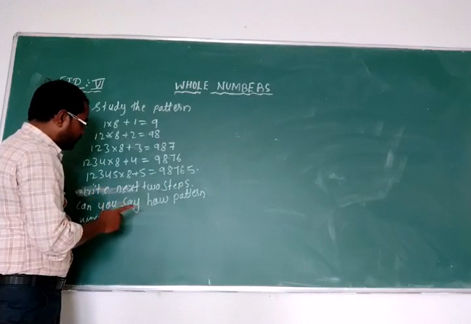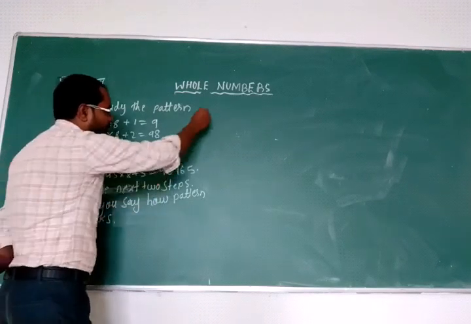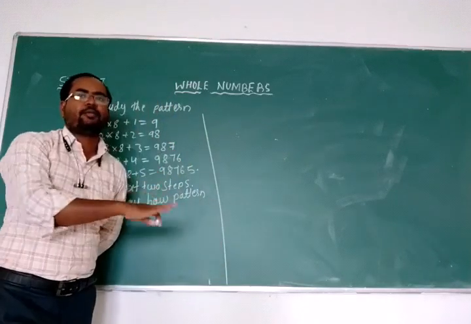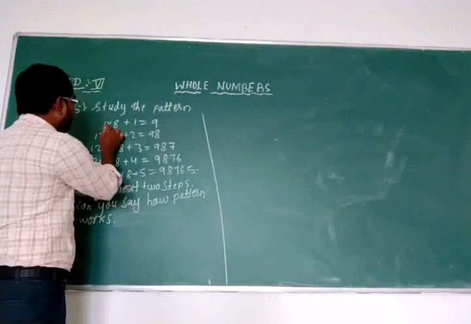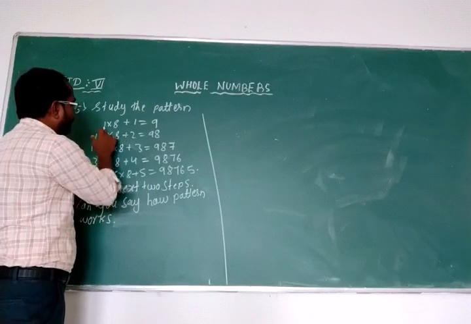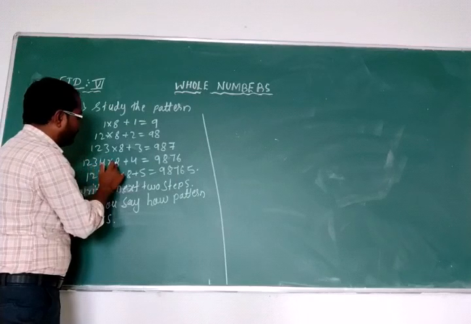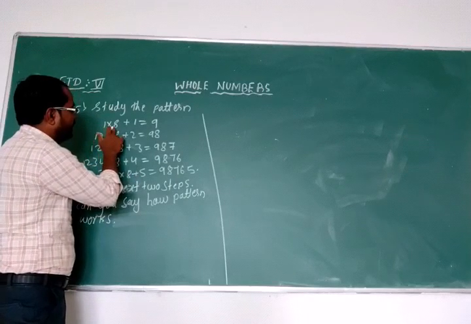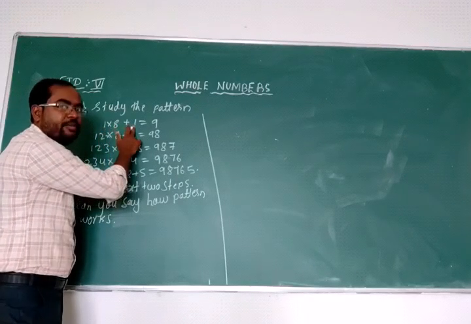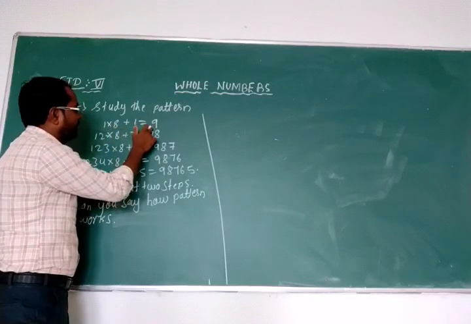Right? The next two steps, can you say how the pattern works? See here, very simple how the pattern works, we'll learn here. 1 into 8, 12 into 8, 123 into 8, 1234 into 8 plus 4. See here, 1 into 8, what they have multiplied, that same number they have added, so 1 into 8 plus 1 has become 9.